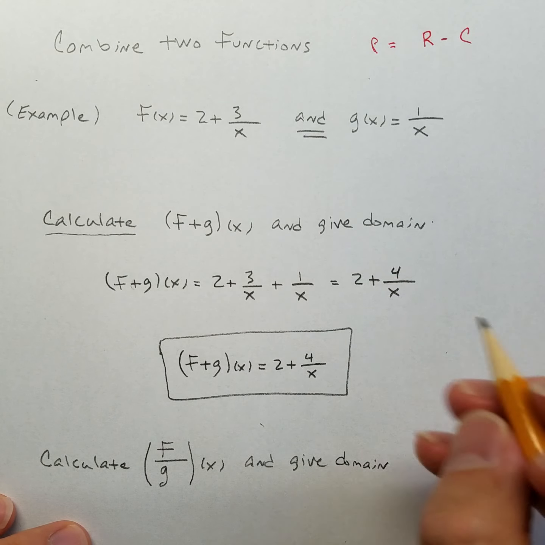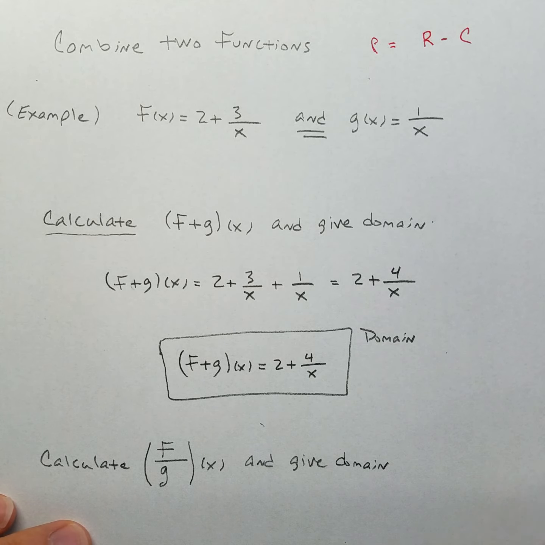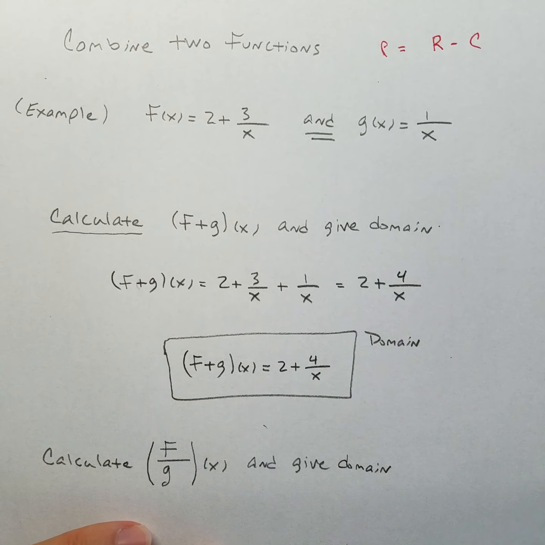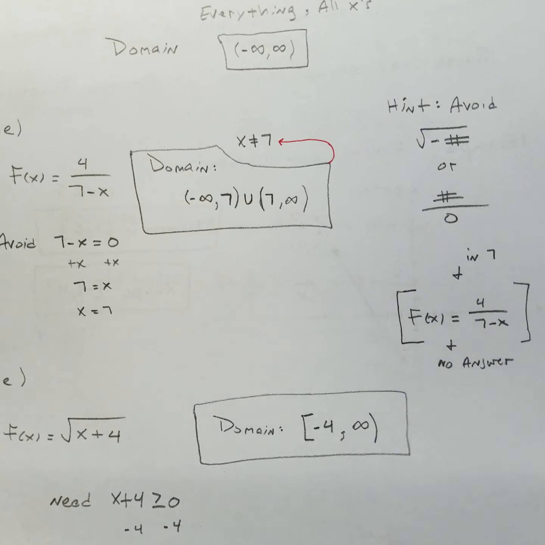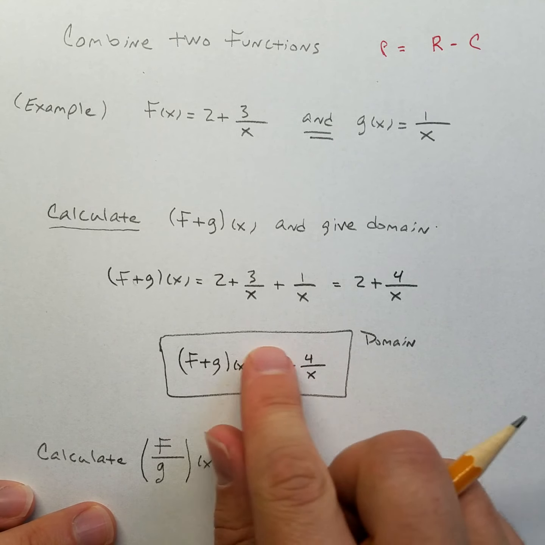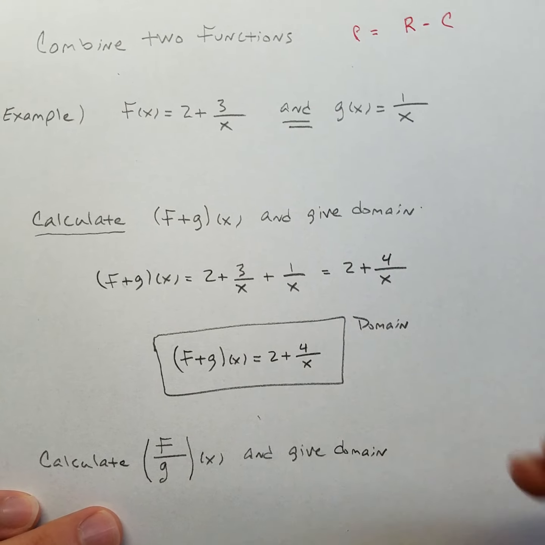It says to give the domain also. All right, so the domain. Look at that. What do you think that the x can be, or what do you think it can't be? Don't we want to avoid ever dividing by 0? We never do that because we never get anywhere with it and it doesn't give us an answer. So in that function, the only number that won't work is 0 for x.